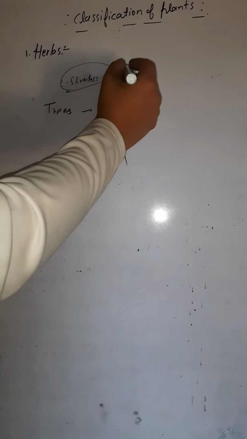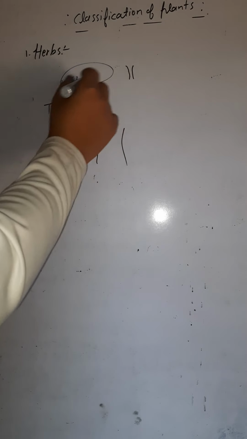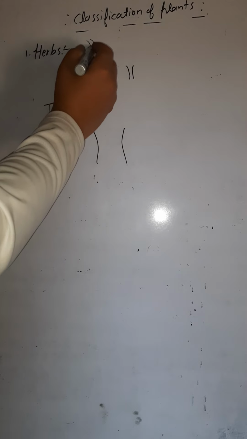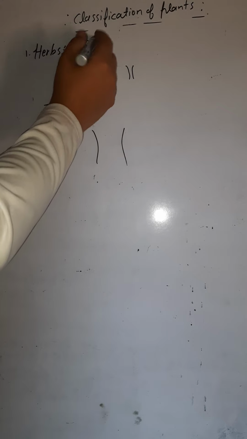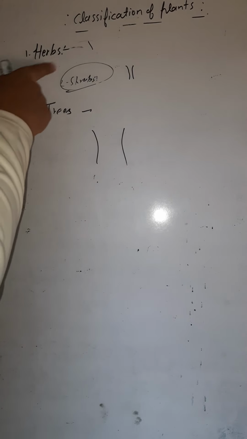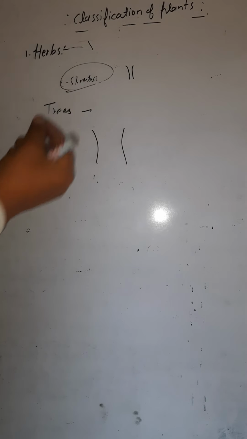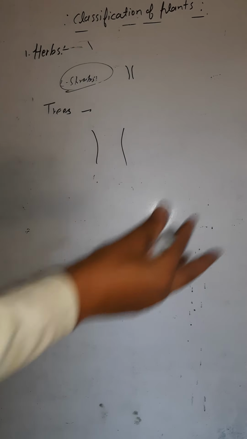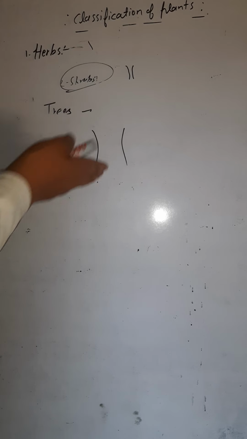In the case of herbs, the stem is tender and can be bent. In the case of shrubs, the stem was thin but hard. But in the case of trees, the stem is thick as well as hard. Examples are the mango tree and the peepal tree.